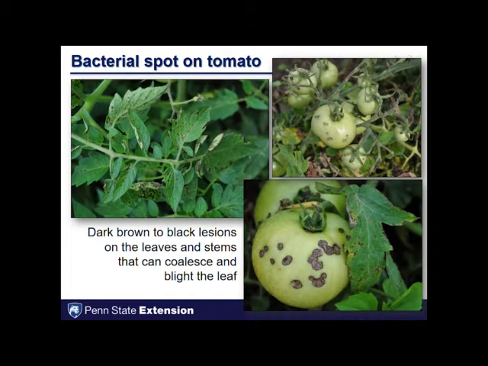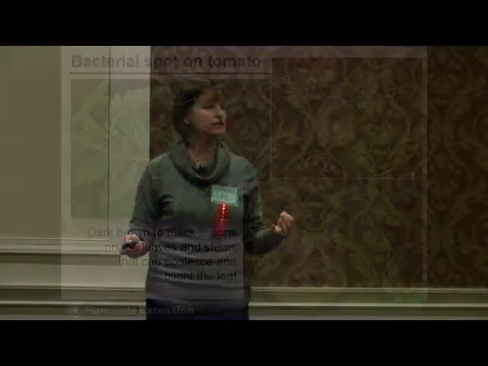Bacterial spot on tomato, I feel like we see a little bit more here in Pennsylvania than we see speck. With spot, the lesions on the fruit are much larger and corkier. I think some of the bacterial strains that have become more prominent in our fields are more aggressive, so these spots are becoming larger.